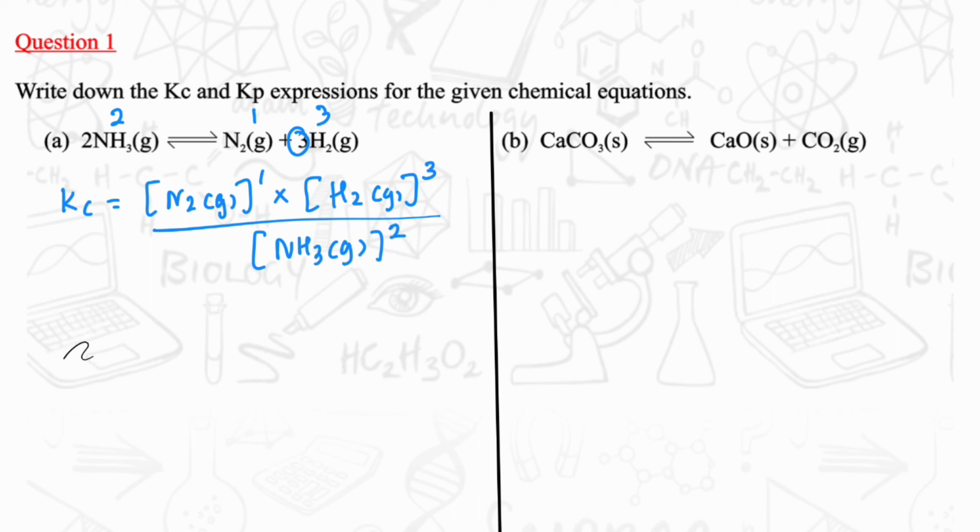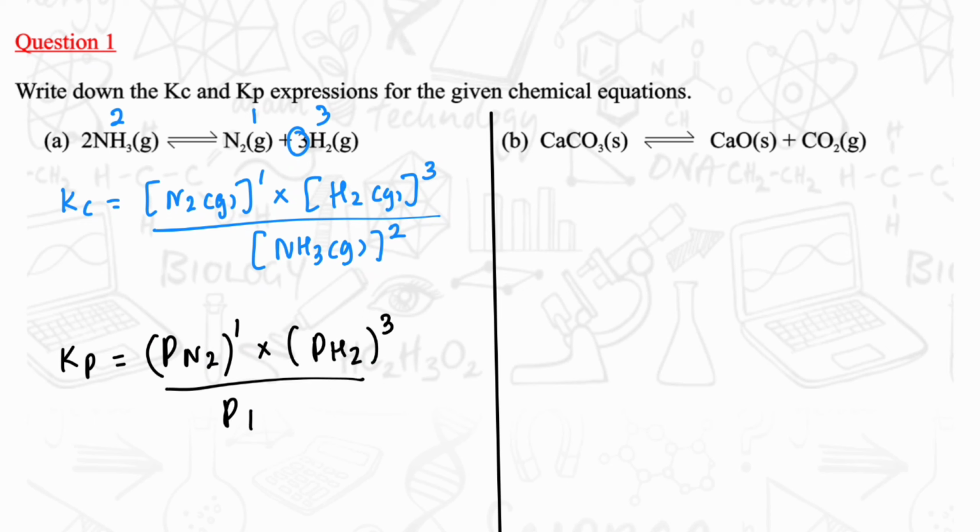And if we write the Kp expression, Kp is equal to partial pressure of nitrogen gas to the power 1 times partial pressure of hydrogen gas to the power 3 divided by the partial pressure of ammonia gas to the power 2. So if we move on to the next question, that is part B.